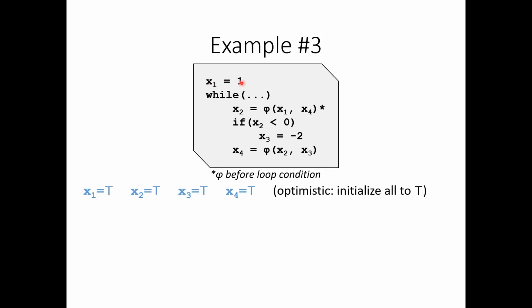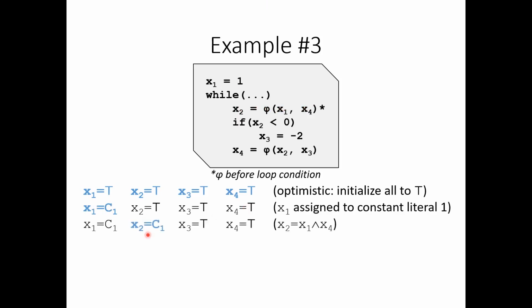Now we process x1 equals 1. We learn that x1 is what? C1. Okay. Then we go here. x2 is phi of x1, x4. So I do x1 meets x4. x1 is C1. x4 is top. So C1 meets top where? At C1. So here x2 is going to become C1.